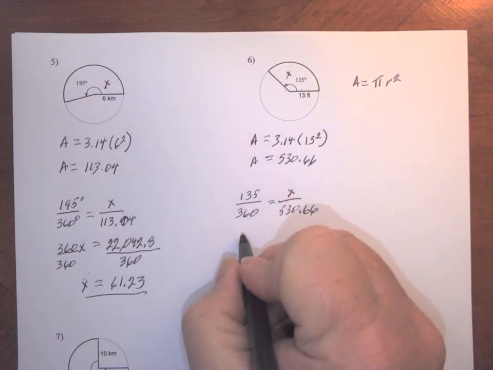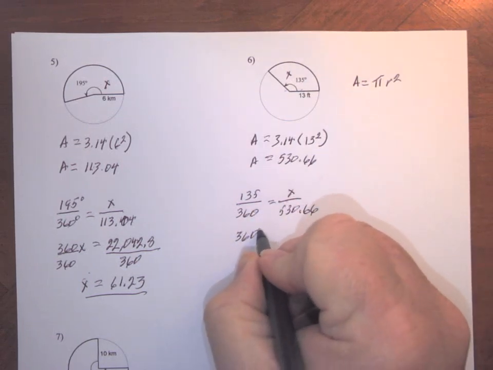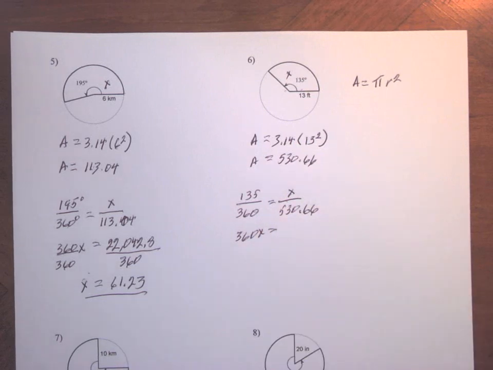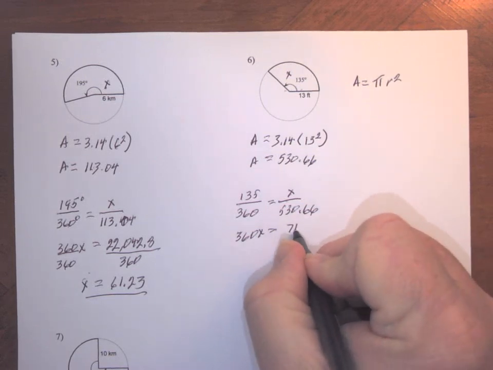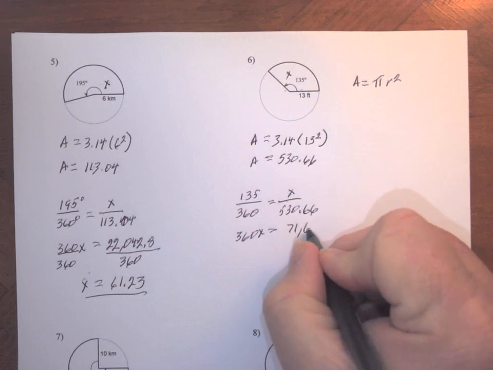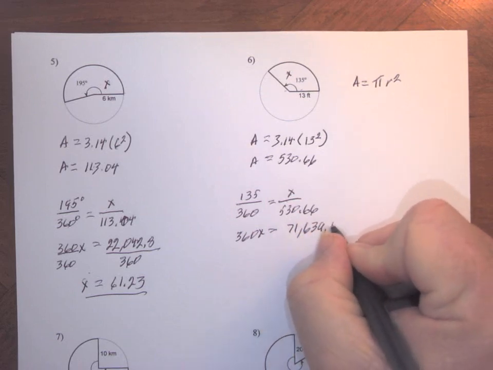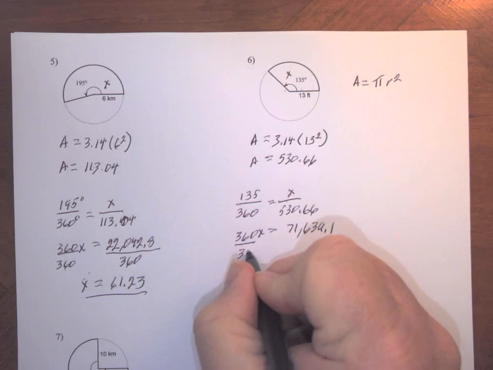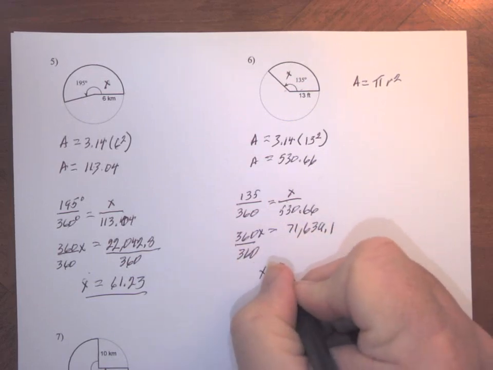We cross multiply, we get 360x is equal to a big number: 530.66 times 135 gives us 71,639.1. Divide them both by 360 because we want x by itself.